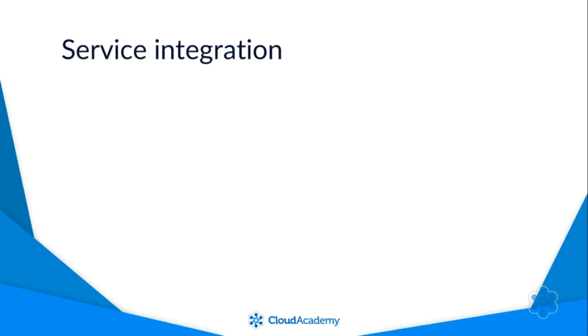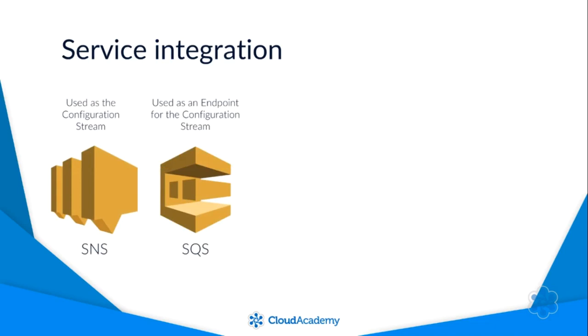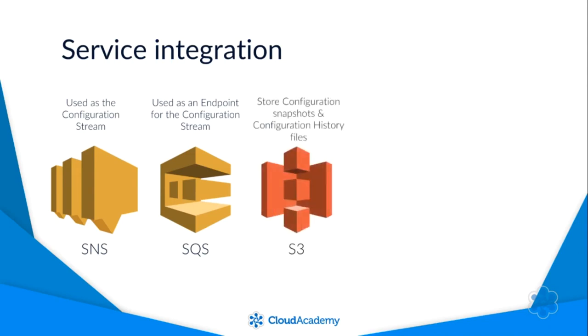Next, we looked at how AWS Config is integrated with other AWS services, such as SNS, where a topic is used as a configuration stream. SQS. This is an ideal service to allow you to programmatically extract useful information from the configuration stream by using SQS as an endpoint within the SNS topic. S3.